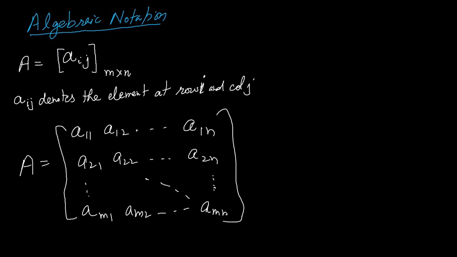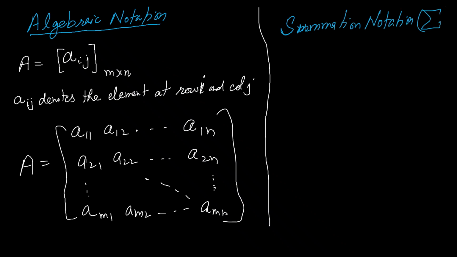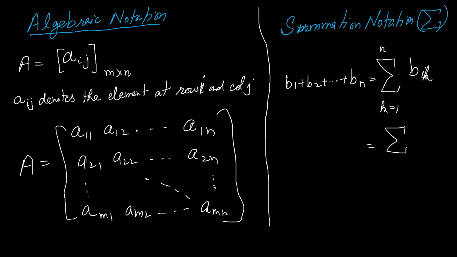Before we continue, you should also familiarize yourself with the summation notation represented by the Greek letter sigma. We can compactly represent the sum of large sequences with summation notation. For example, the sum of the series from b1 to bn can be represented as summation k from 1 to n of bk. Here small k is just an index. We can safely use i instead of k.